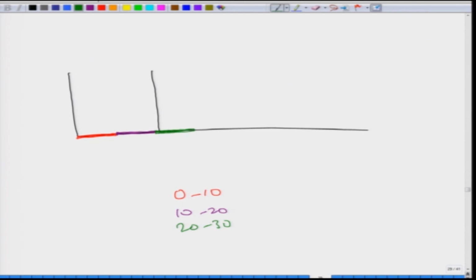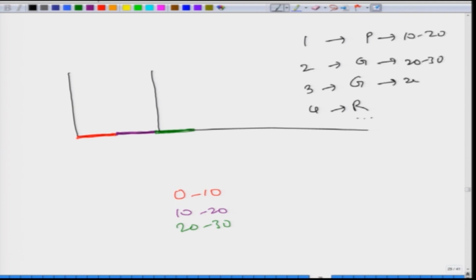Now, what your unskilled labor will do in this case is that he or she will directly note that for tree 1 it is purple, tree 2 is green, tree 3 is green, tree 4 is red, and so on. And then you can directly convert this: P as 10 to 20, G as 20 to 30, 20 to 30, 0 to 10, and so on.